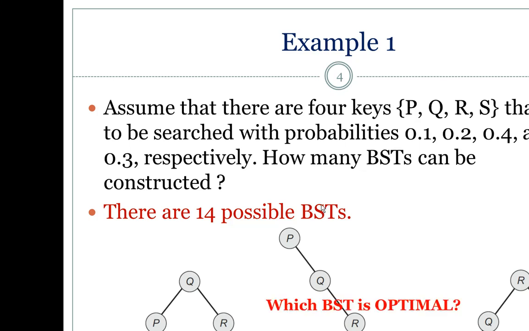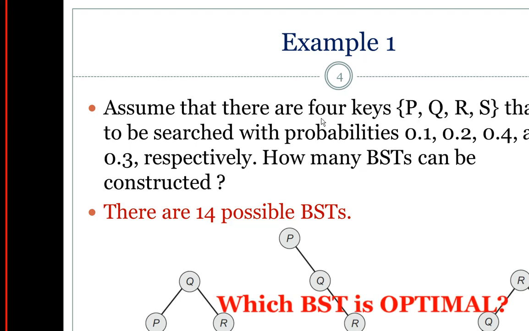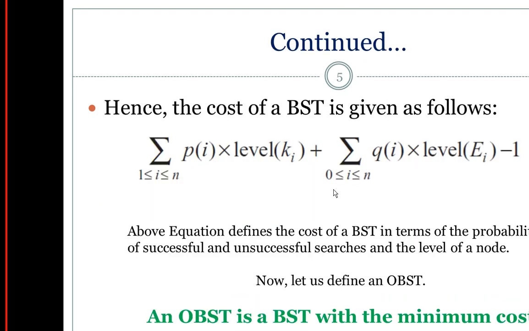The answer is there are 14 possible BSTs that can be constructed for these keys. But which one is optimal among all these? How to find out that?